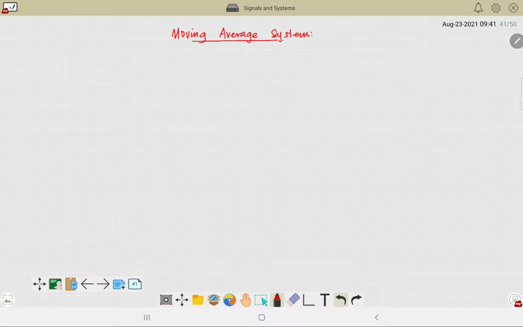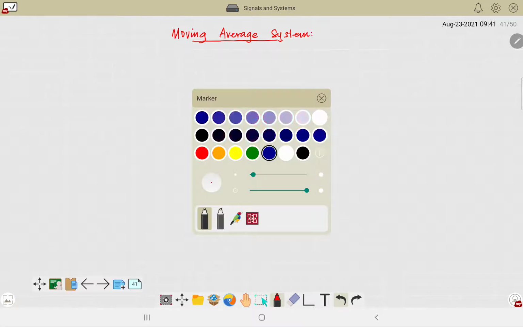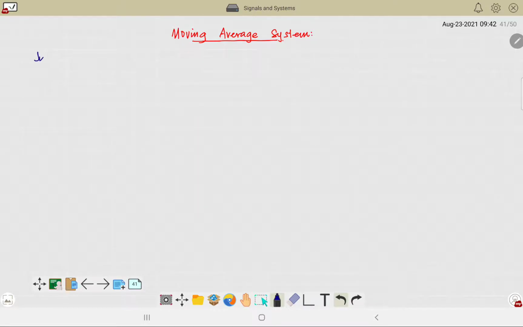So if I have an input signal x of n, the moving average system takes the average of 3 recent samples. Now x of n is my current sample which exists at this time.